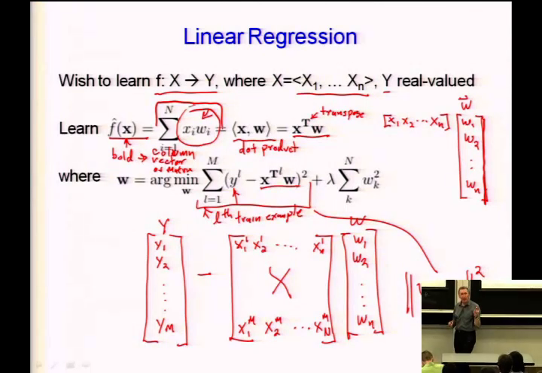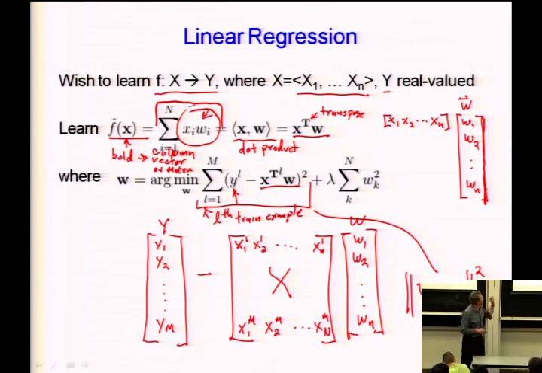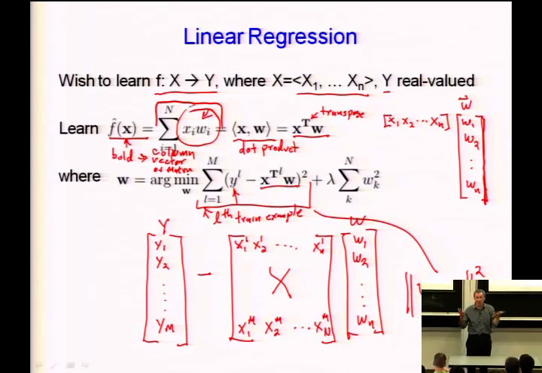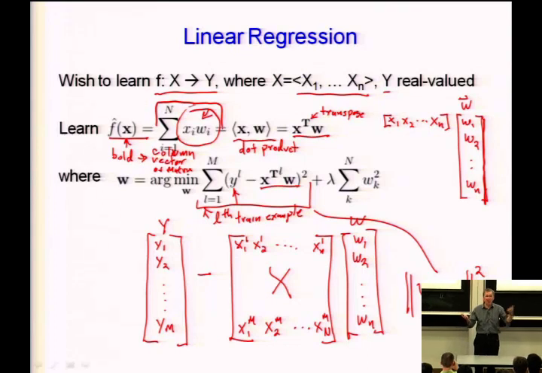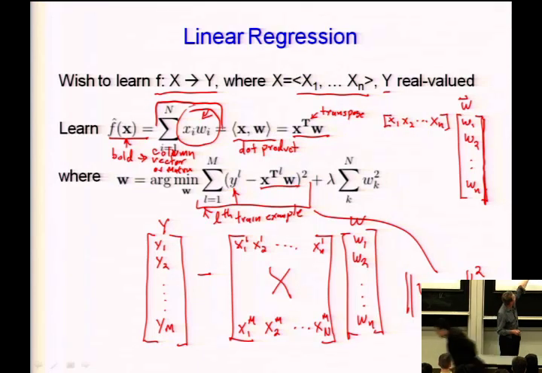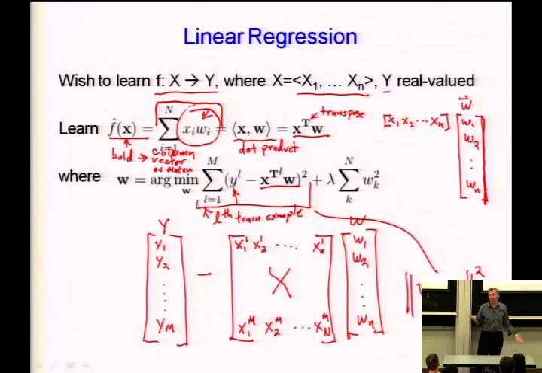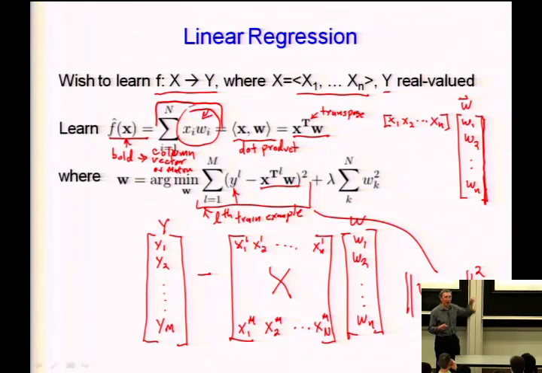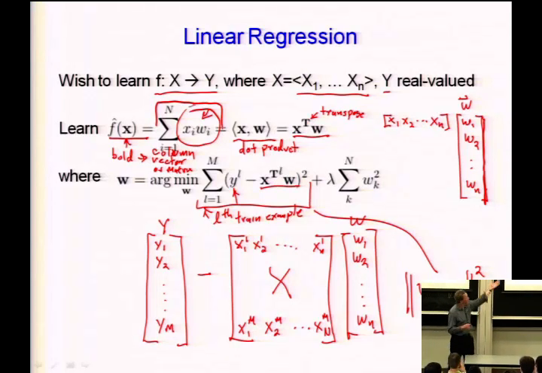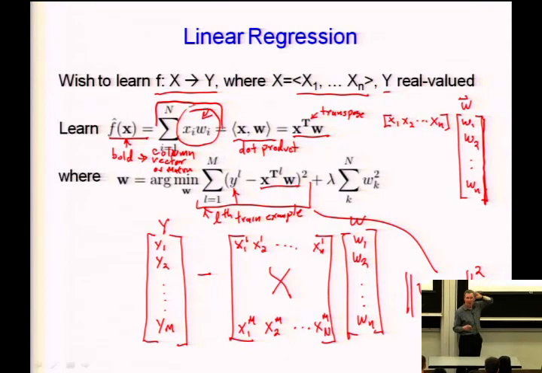And the first term in that expression is just the difference between y super L, that's the observed value for the Lth training example of y, and our prediction, which is just the dot product of x super L, transposed, of course, with w. So that's our sum of squared errors term.